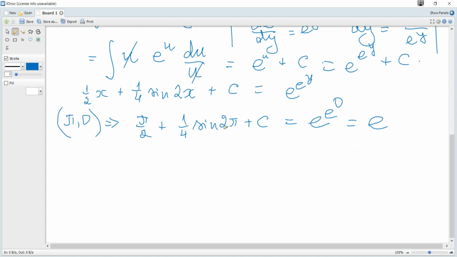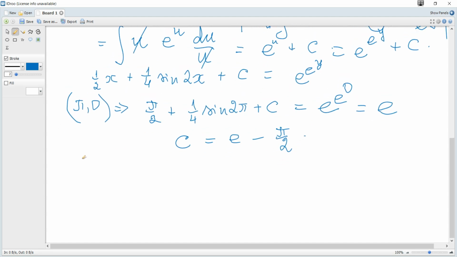And sine of 2 pi is 0, so the constant becomes e minus pi over 2. So finally it becomes a half x plus 1 over 4 sine of 2x plus e minus pi over 2 is e to the power y.